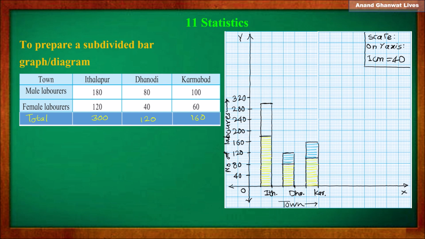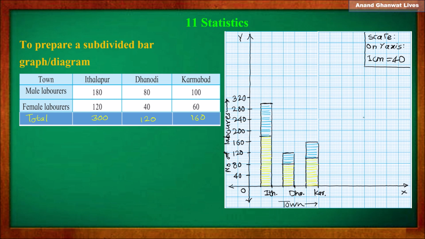So in this way we have completed the subdivided bar graph as shown in this diagram, and we have also given here an index of which color is showing which type of information.